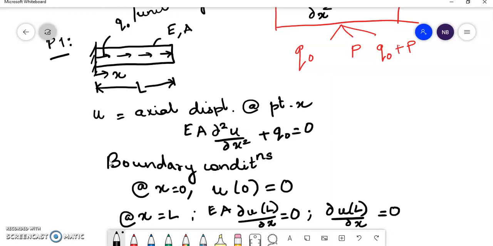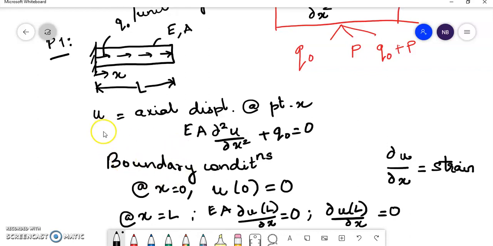This also indicates dou u by dou x. If you remember from the first principles, dou u by dou x is also the strain. So at the free end there is no strain.